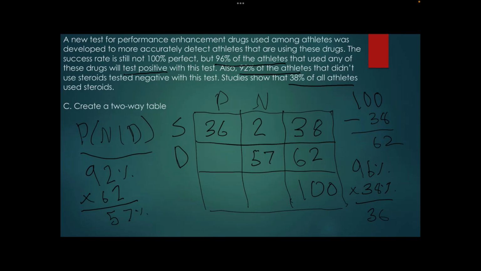And now we know 2 plus 57 is 59. And so 62 minus 57 is 5, and that means that this must be 41.